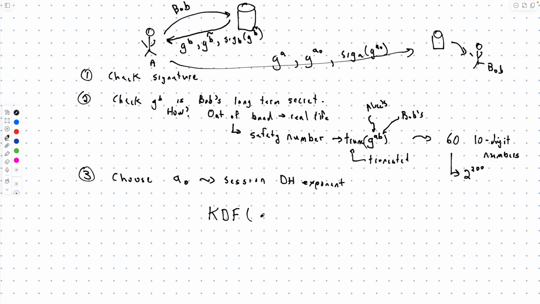So it's going to do a Diffie-Hellman between G to Alice's long-term secret and Bob's daily, between Alice's ephemeral secret and Bob's long-term secret, and then between Alice's ephemeral and Bob's epoch key, or it's not session key, it's epoch key or daily key.